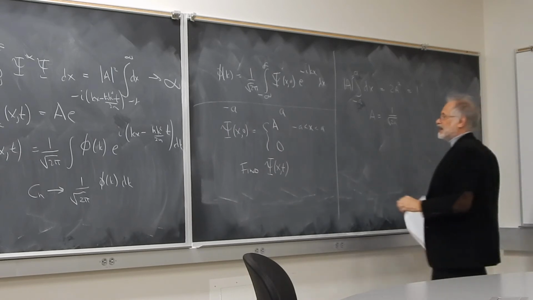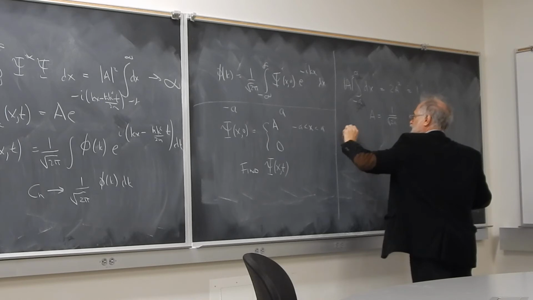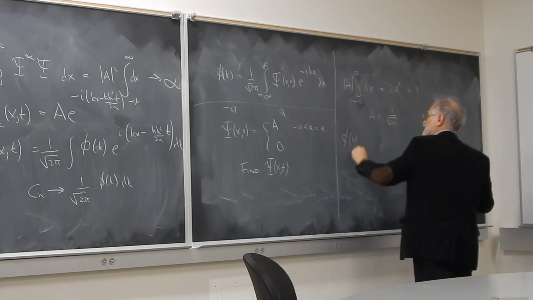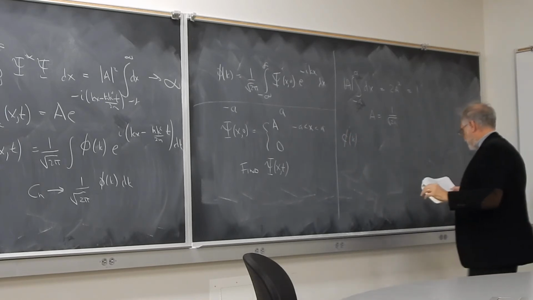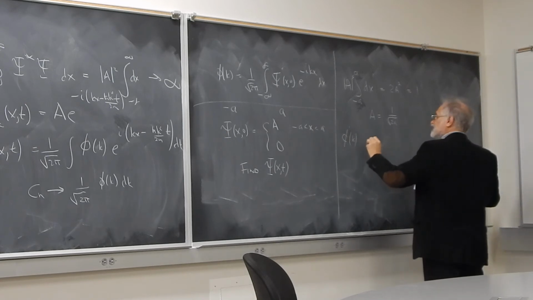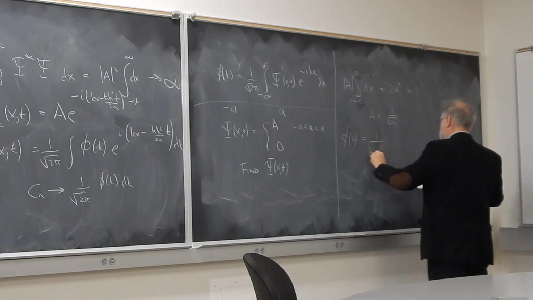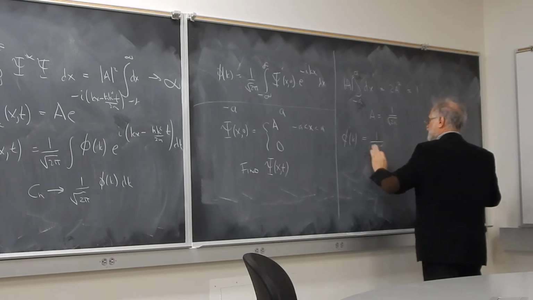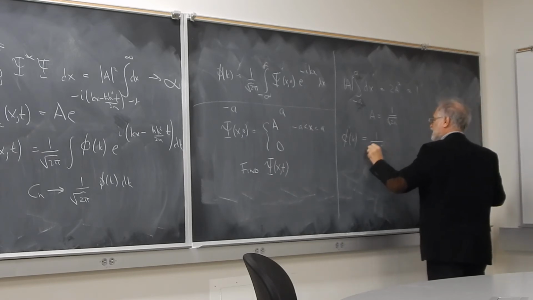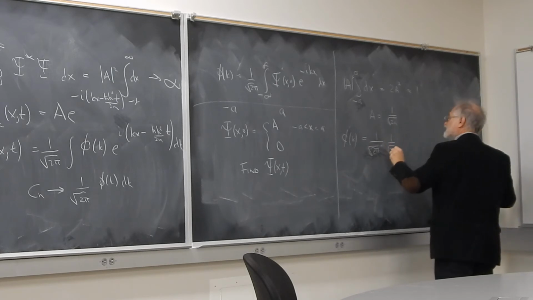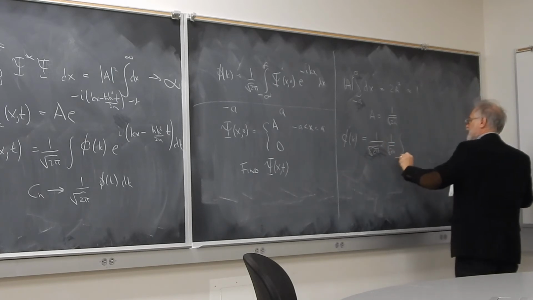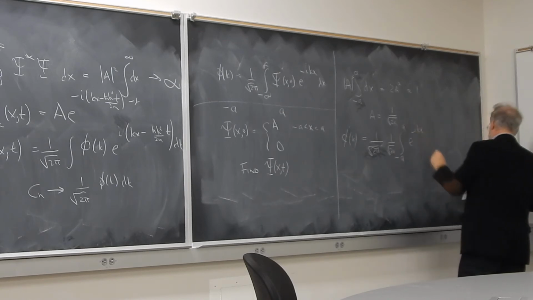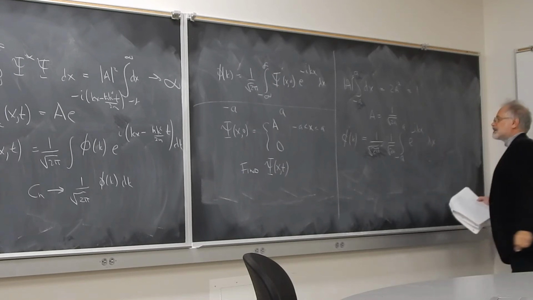Now I've got to calculate phi of k. Well, to do that, I need to take a Fourier transform. And so phi of k is equal to 1 over the square root of 2 pi, times 1 over square root of 2a, integral from minus a to a, e to the minus i kx dx.